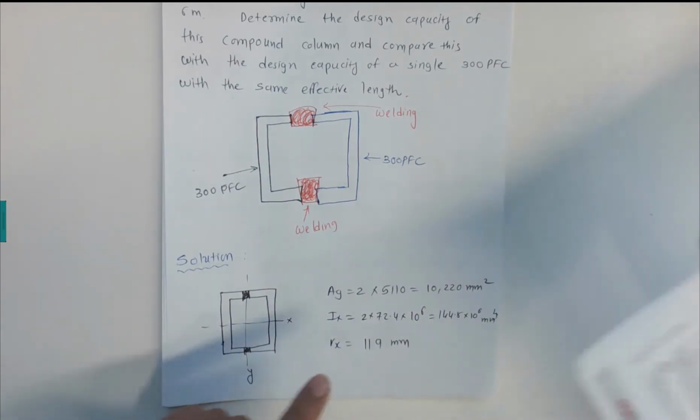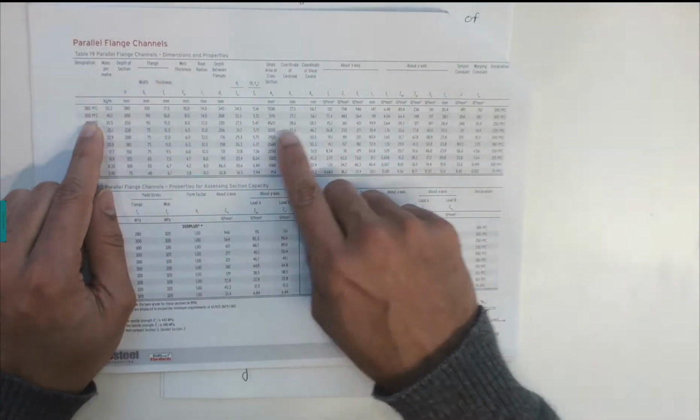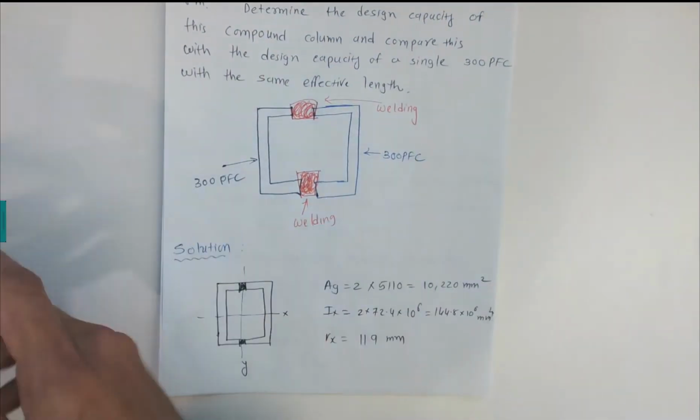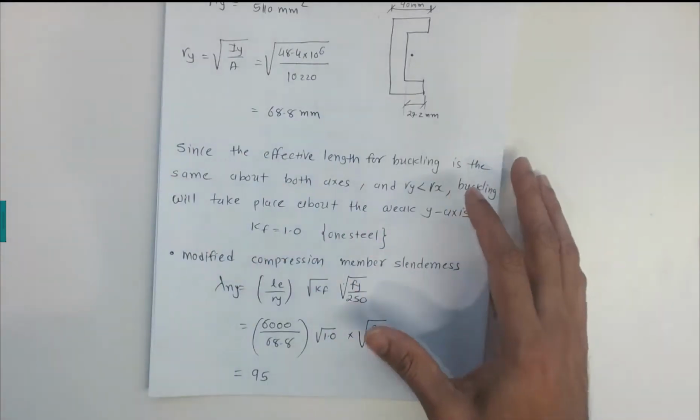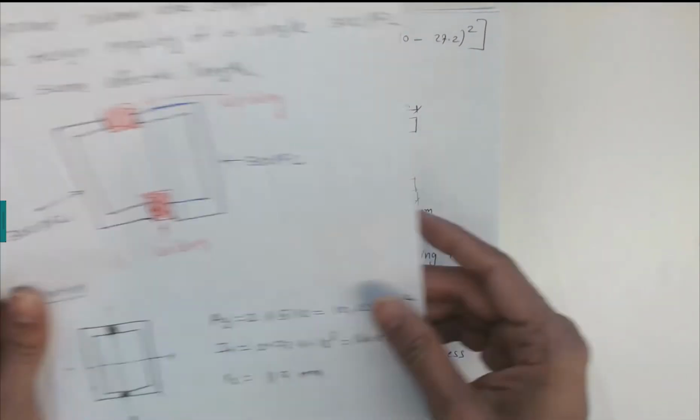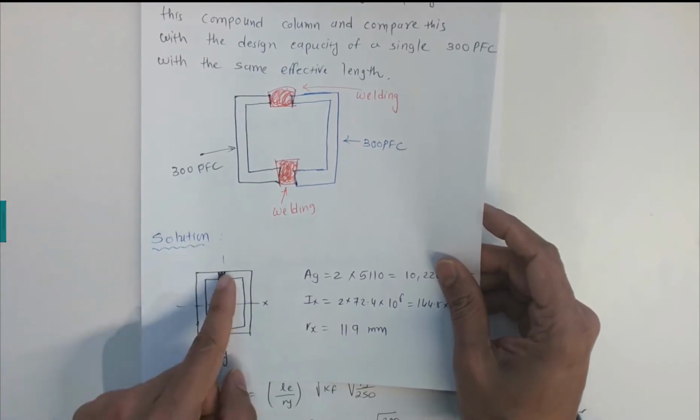Radius of gyration about the x-axis for 300 PFC, our rx value is 119 millimeters. So that is the radius of gyration about this x-axis. Now we need to find the moment of inertia about the y-axis. We found the moment of inertia about the x-axis, but we need to find it about the y-axis.